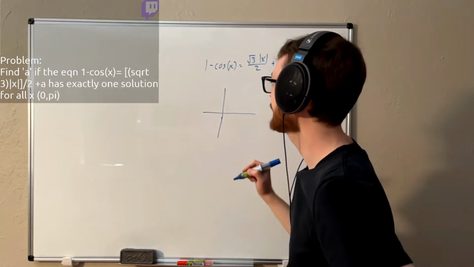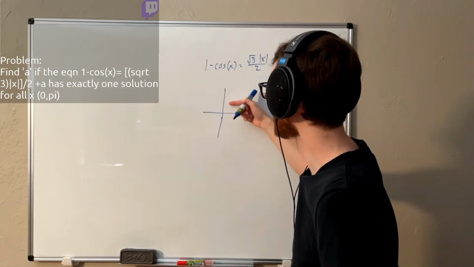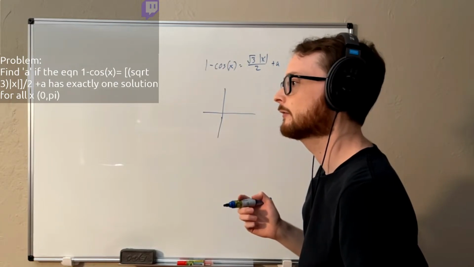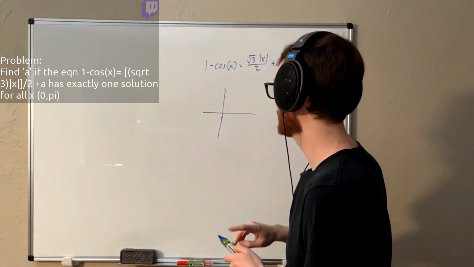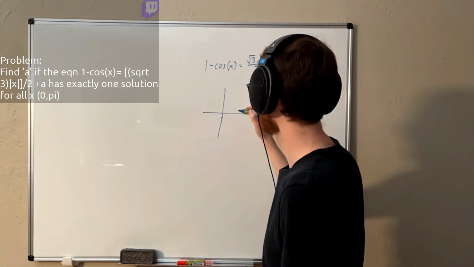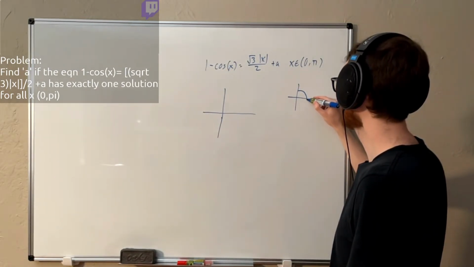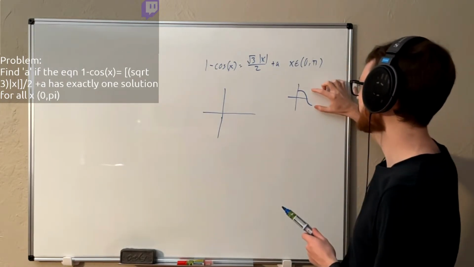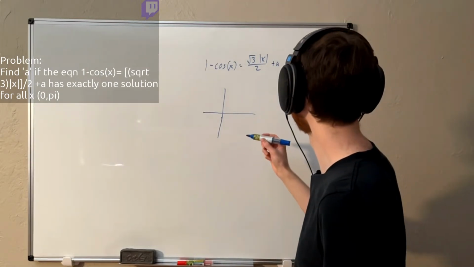So 1 minus cosine of x, that means we're taking normal cosine of x, translating it up by 1, and the negative in front means that it's vertically flipped. So if normal cosine of x is like this on 0 to pi, we're shifting it up by 1 and then flipping it vertically.